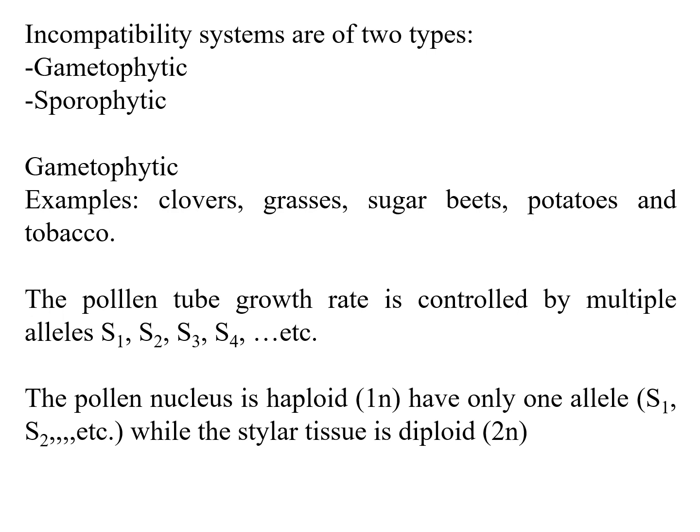In this type of incompatibility, pollen tube growth is controlled by multiple alleles, S1, S2, S3, etc. We know that the pollen nucleus has one N, which is one allele, so it has S1, S2, S3, S4, S5, etc., while the style tissue is diploid because it is somatic cell, so it has 2N.